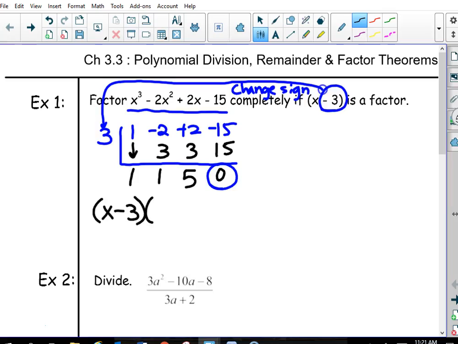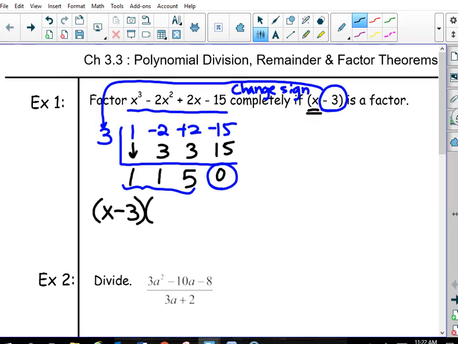And as a result, these are the coefficients of the result of our dividing. Now, I just divided a third degree by a first degree.